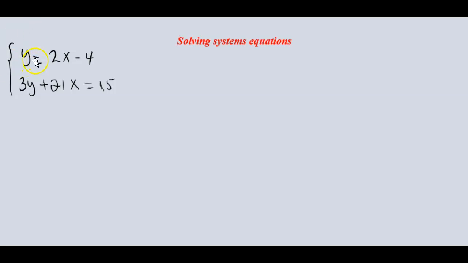Okay, so like I said, we got y equal to 2x minus 4. So y is already by itself. So we don't need to solve for y or x because y is already by itself. So what we're going to do, we're going to take that value of y. Okay, we're going to take this y value right here and we're going to substitute it for y on the second equation. Okay, so let's do that.